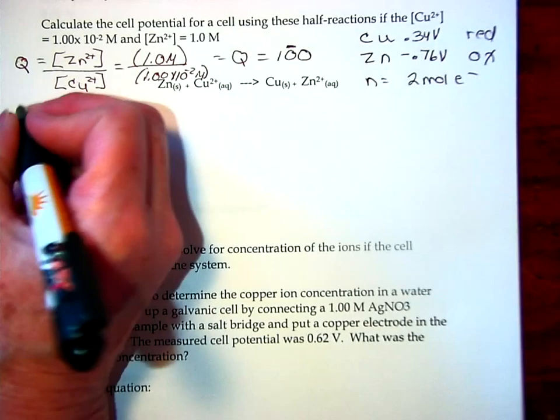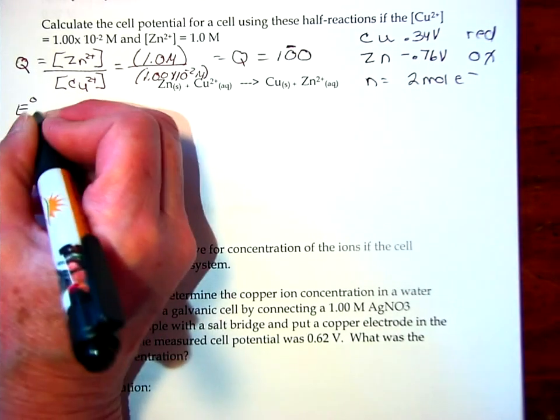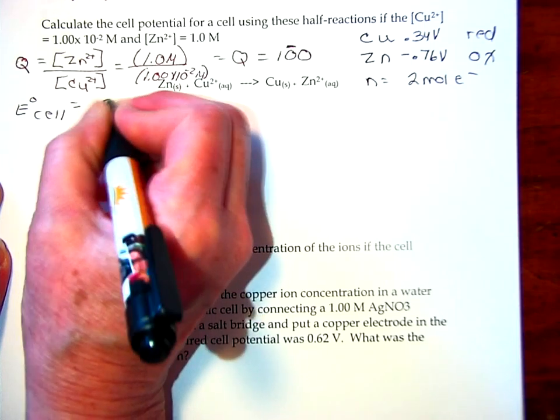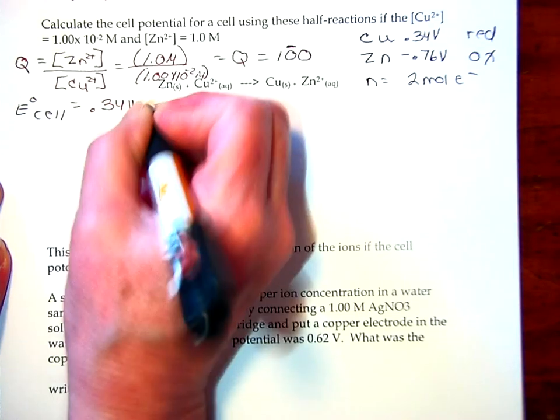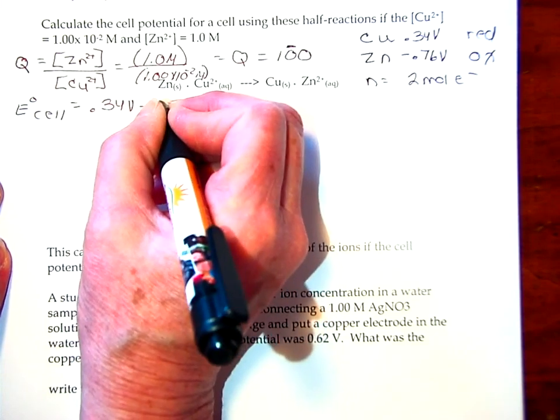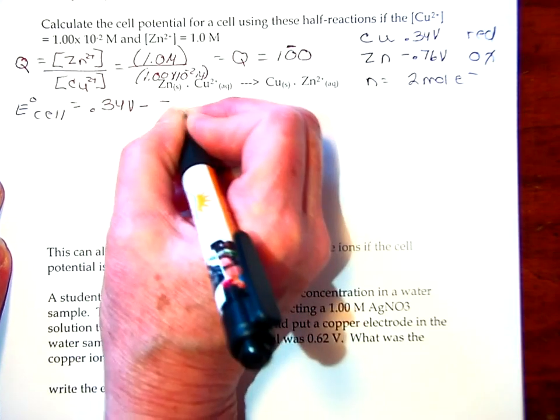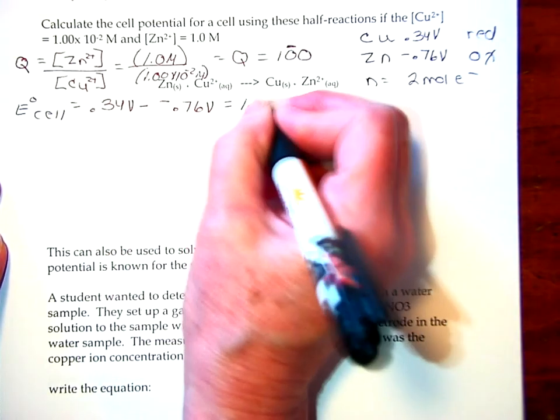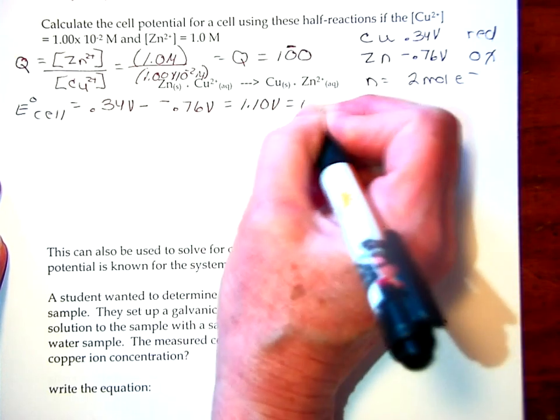So now I can start by calculating my standard cell potential. E cell is equal to the reduction voltage, 0.34 volts, minus the oxidation voltage, a negative 0.76 volts, and that's equal to 1.10 volts for my E0.